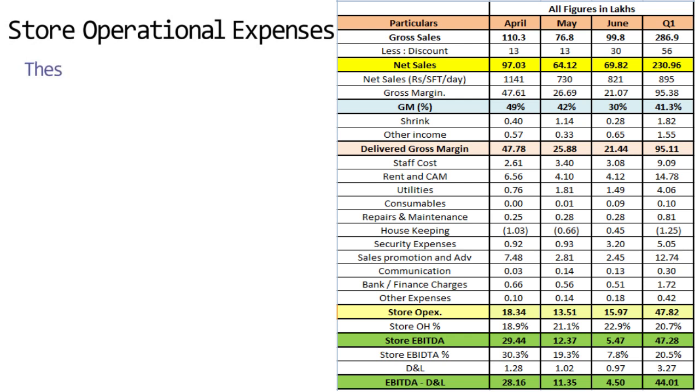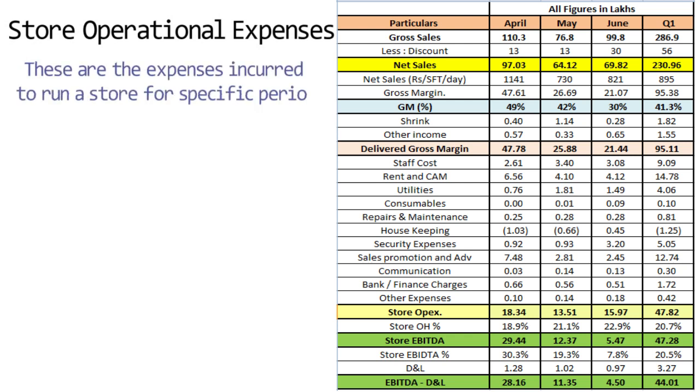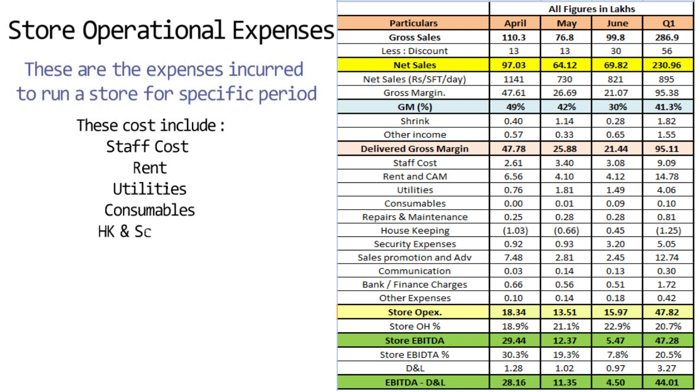So now we have to understand what are the store operational expenses. The store operational expenses are the expenses which are incurred to run a store for a particular period of time. Here the store operational expenses include staff cost, rent and common area charges, utilities, that is electricity bill, consumables, which are expenses incurred for POS rolls or any other paper materials, repair and maintenance cost, housekeeping, security expenses, sales promotion and advertising, communication charges and other expenses.